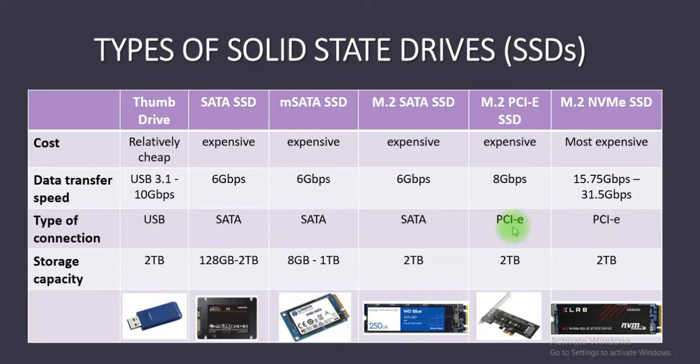So what they basically did was to integrate the memory technology with this type of interface. When we talk about PCIe, NVMe and SATA, these are the interfaces referring to how the drive is connected to the device.